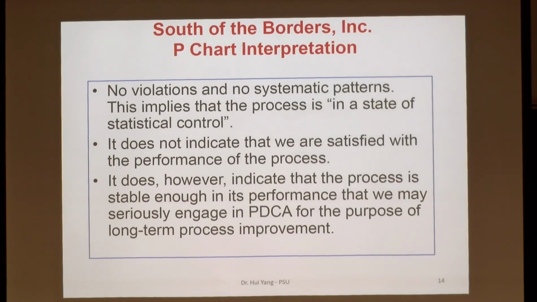So the observation is no violations or systematic patterns. This implies that the process is in a state of statistical control, and it does not indicate that we are satisfied with the performance of the process. We can continuously improve the process. It does, however, indicate that the process is stable enough in its performance, and we may seriously engage in PDCA for the purpose of long-term process improvement.